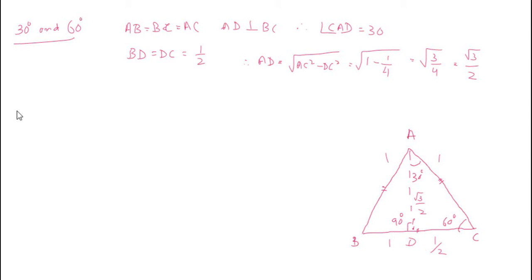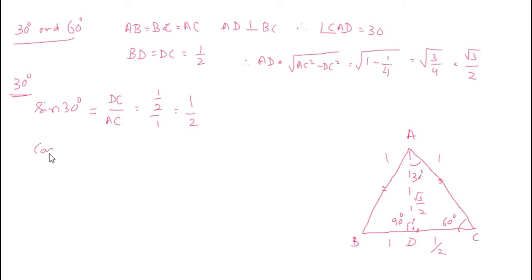Now first we will discuss about 30 degree. Now sine 30 is here angle CAD. So opposite side is DC, that is DC divided by AC. AC is the hypotenuse. So it is half divided by 1 is equal to half.